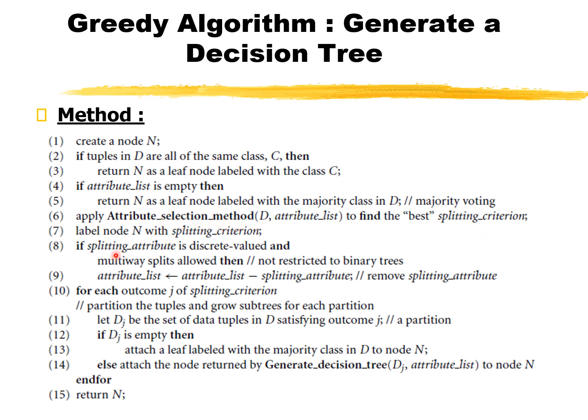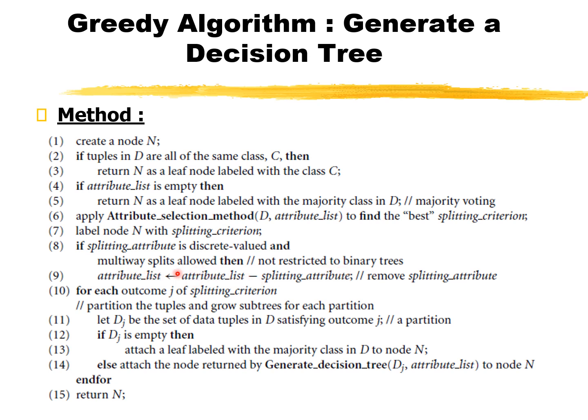If the splitting attribute is a discrete value, and multi-way splits are allowed, this means that we are not restricted to a binary tree, because if you notice, most of the examples that we've seen were binary trees, except for only one of them that did allow more than 2 branches.